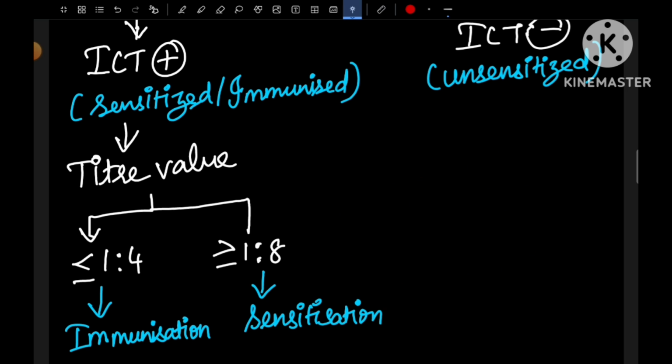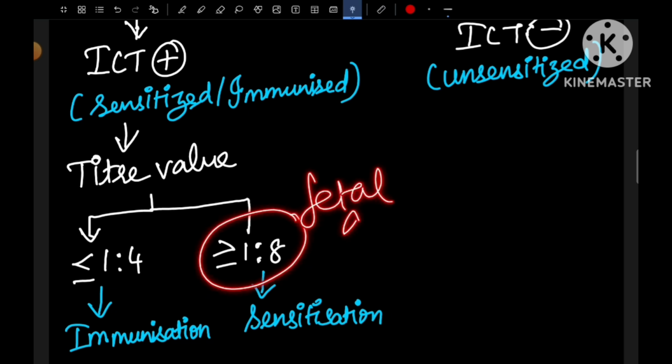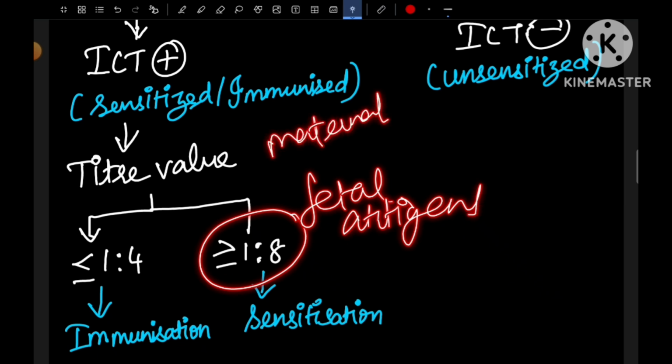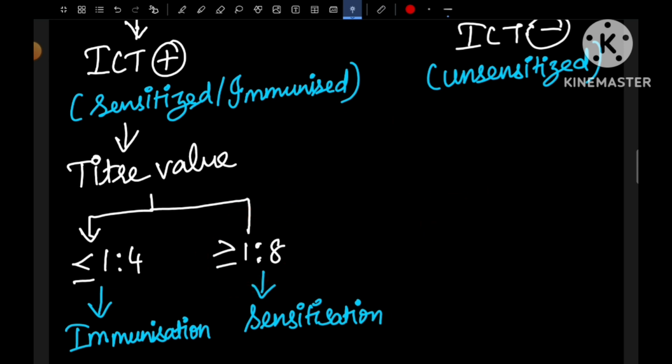Guys, it should be understood very clearly. Here the anti-D antibodies are produced in such excess that they neutralize the maternal antigens and go on to attack the fetal antigens. This should be understood very clearly.